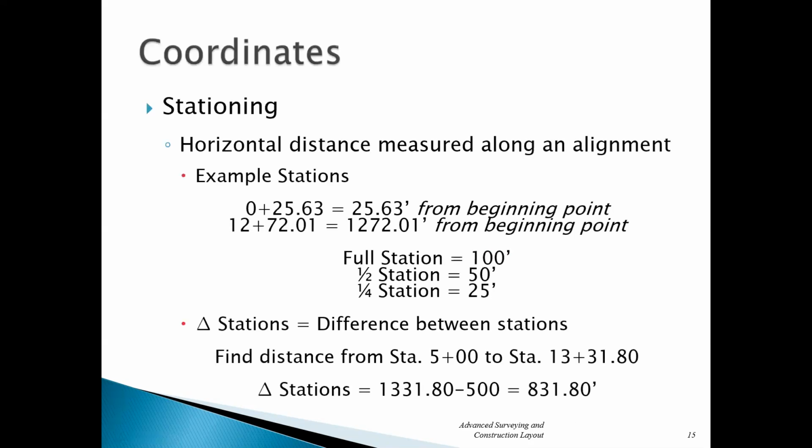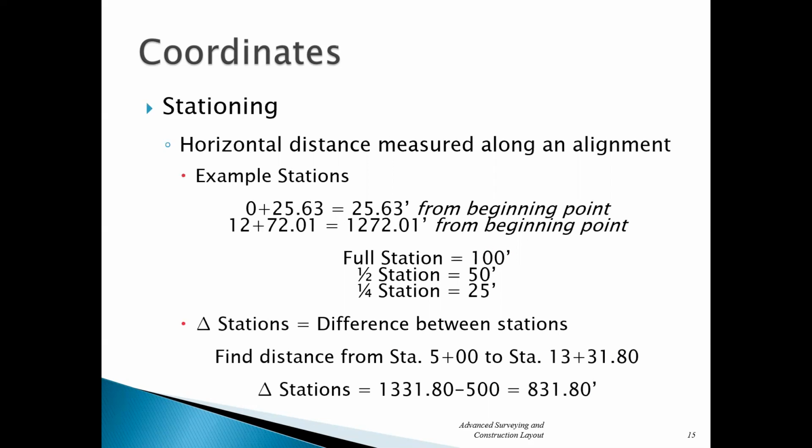Go ahead. I understand how to read the plus and everything, but why did they do that instead of just putting 25.63 on everything? Why did they put the plus in? Is there a certain reason why? It's just a separator. I'm not sure exactly the reason. I just think it made it easier back then to see that.